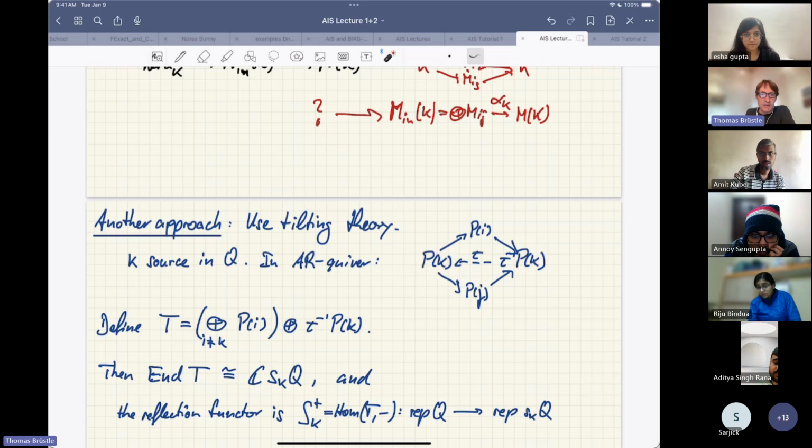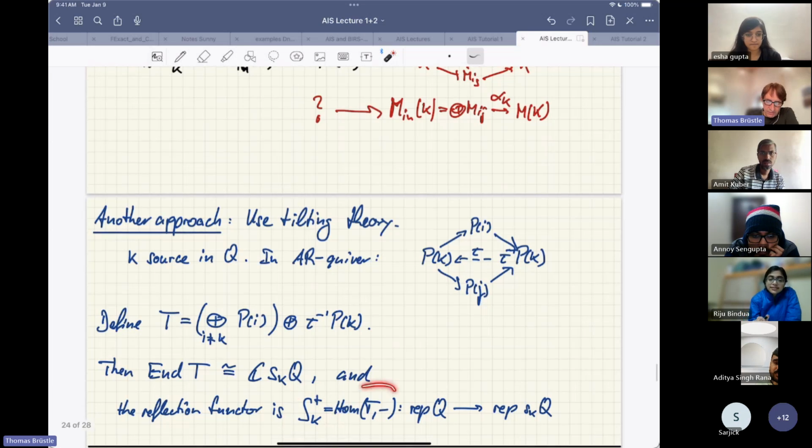And so this reflection functor is really of the form hom T blank, where T is a tilting object, and it is a functor from representations of Q to representations of the reflected quiver of Q. This is how you can model those reflection functors using tilting theory.